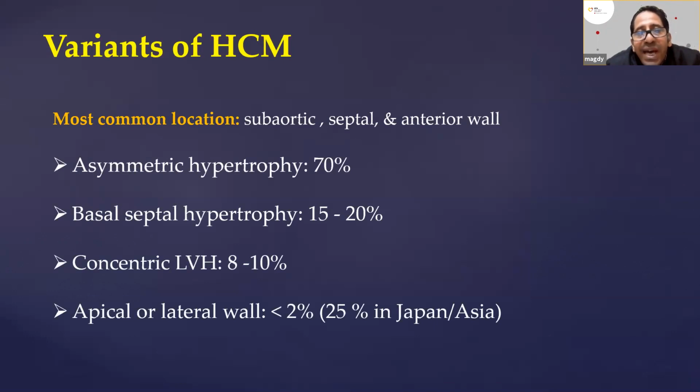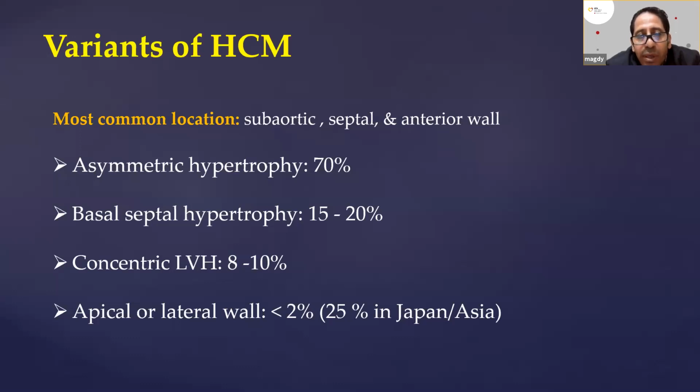So the variants of hypertrophic cardiomyopathy: the most common locations of hypertrophy are subaortic, septal, and anterior wall. Asymmetrical hypertrophy, with a septum to posterior wall ratio of more than 1.3, is responsible for around 70% of cases.